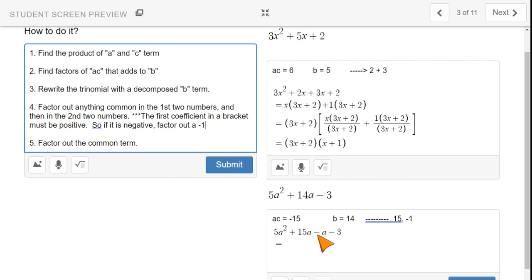So if we have a negative like this, we can make it a positive if we factor out a negative 1.